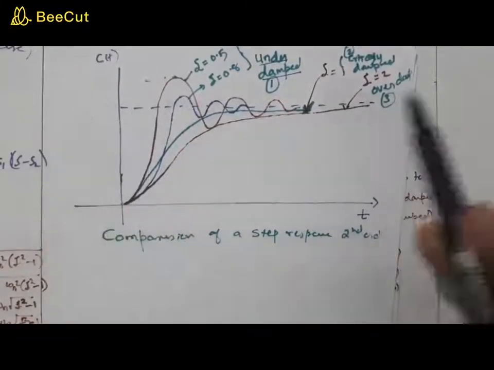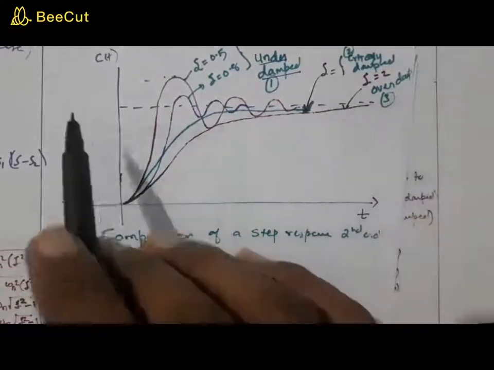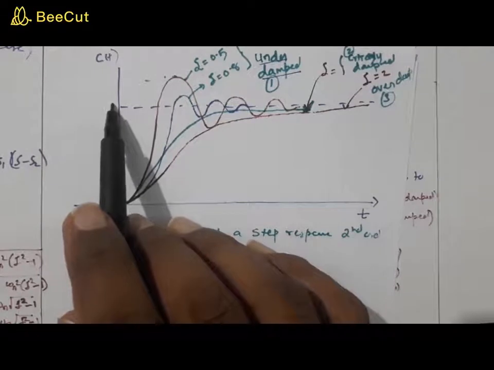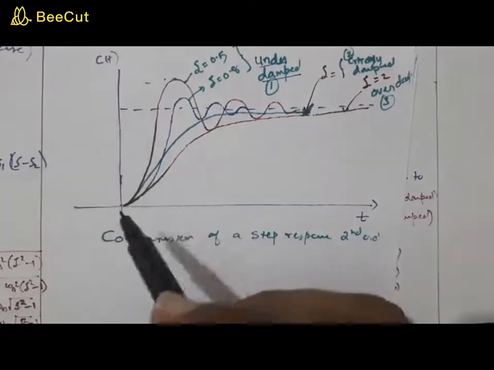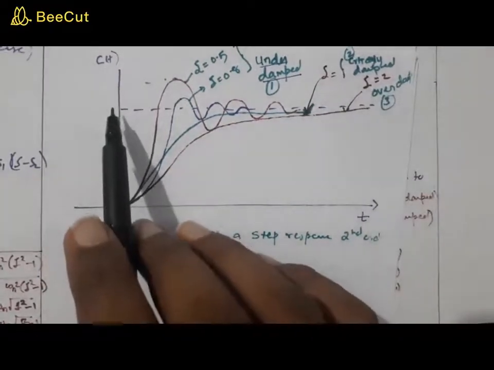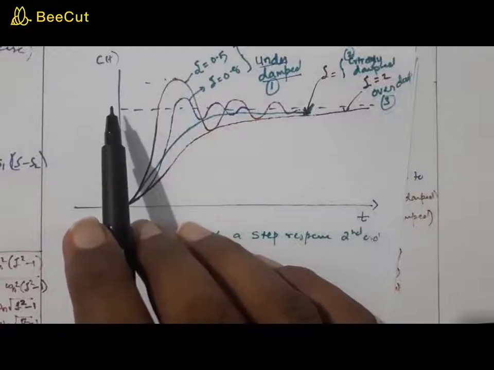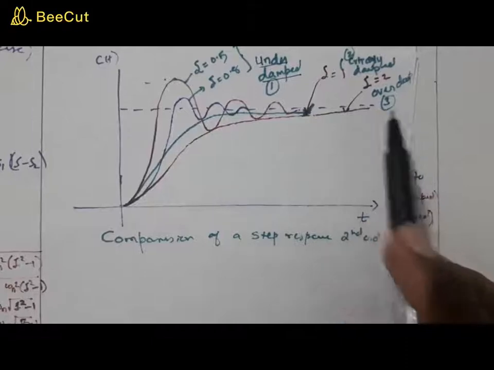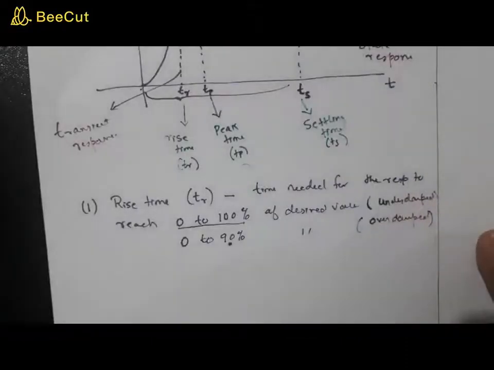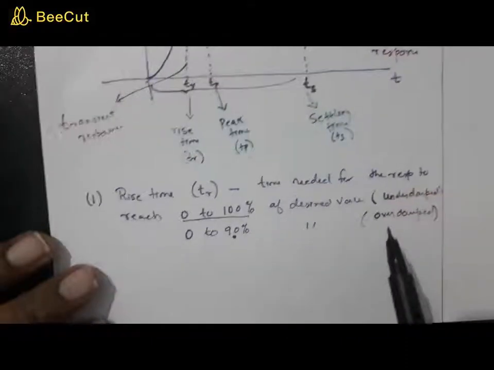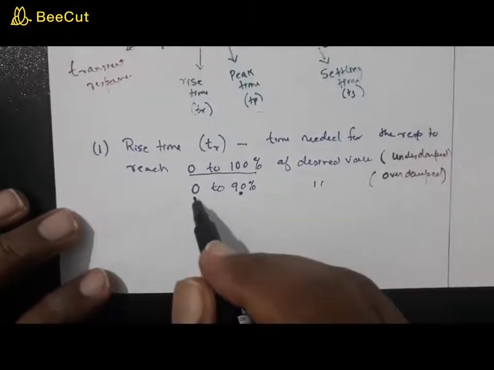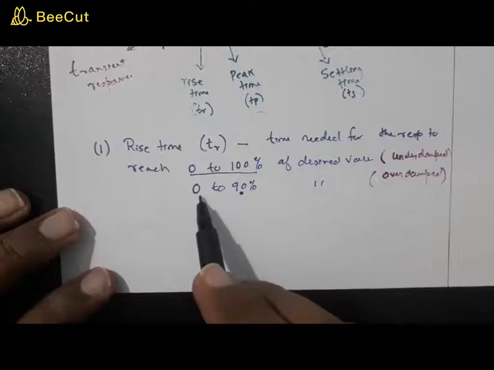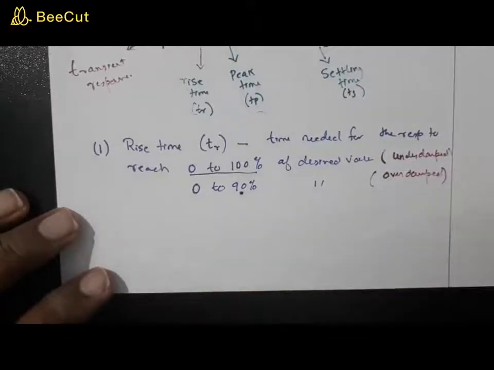The graph shows that it's not touching the 1. So you cannot define the rise time as 100%, because it's not reaching 100% in real time. Because of that, for an overdamped system we define the rise time as the time needed for the system to reach 90% from 0.